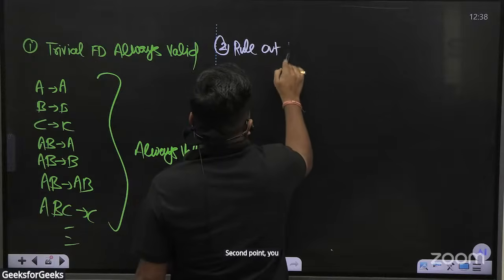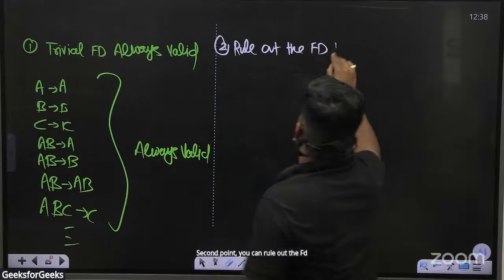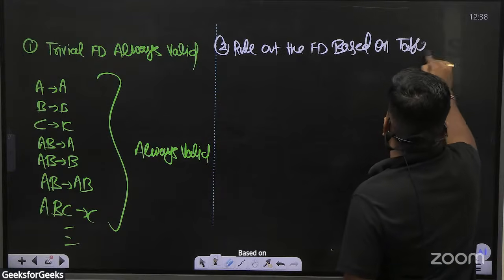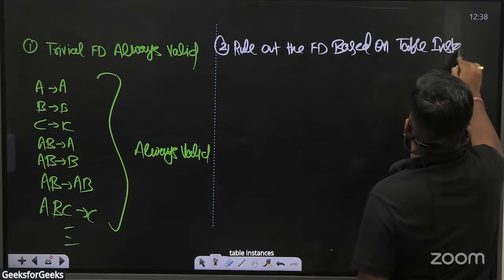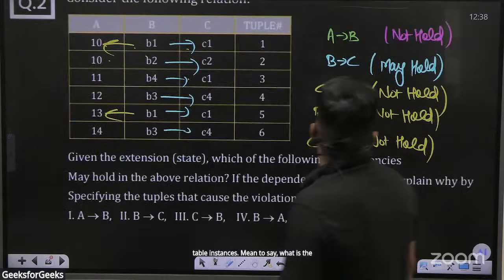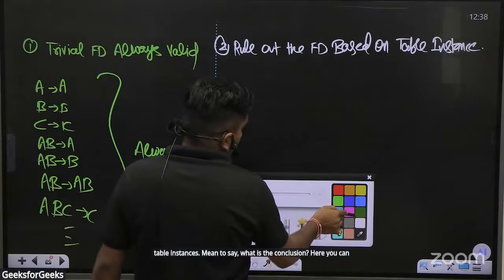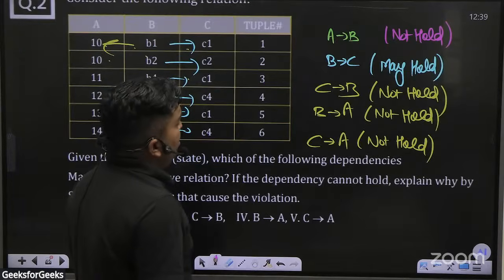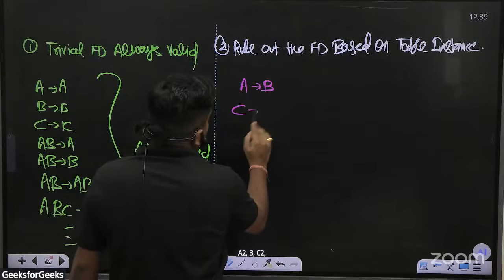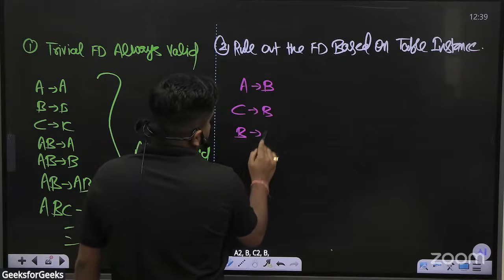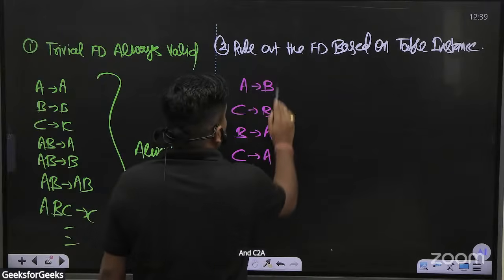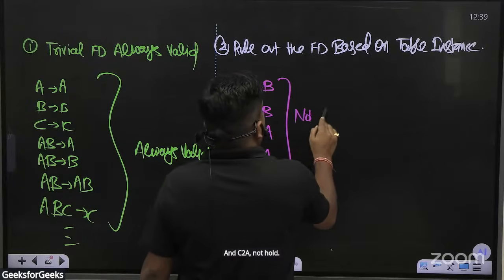Second rule, second point: you can rule out the FD based on table instances. What is the conclusion? Here you can say A to B, C to B, B to A, and C to A do not hold.